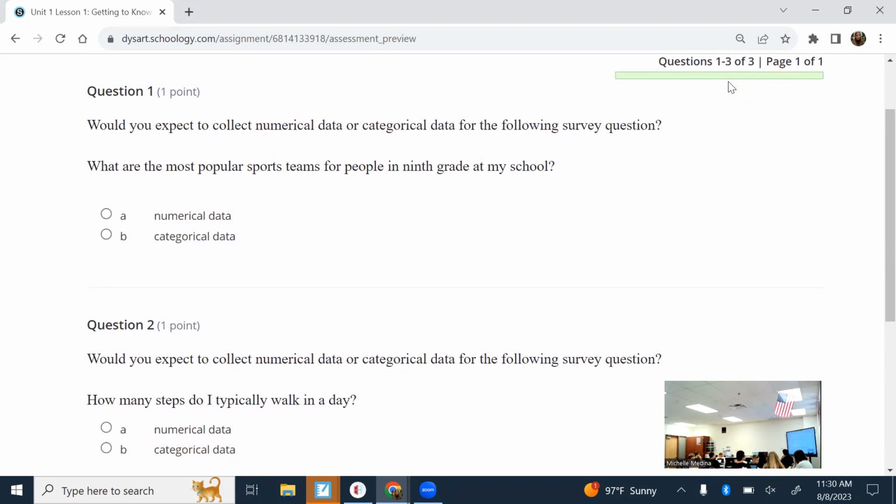All right. My question said, would you expect to collect numerical data or categorical data for the following survey question? What are the most popular sports teams for people in 9th grade at my school? So numerical or categorical, table 3.